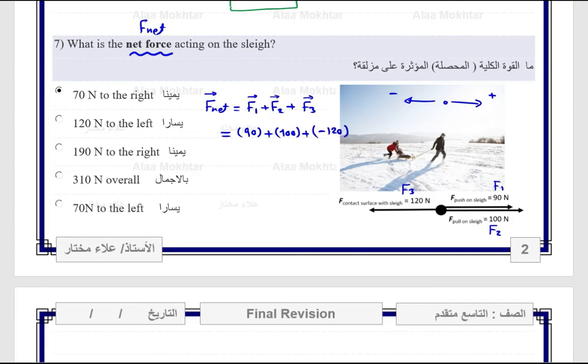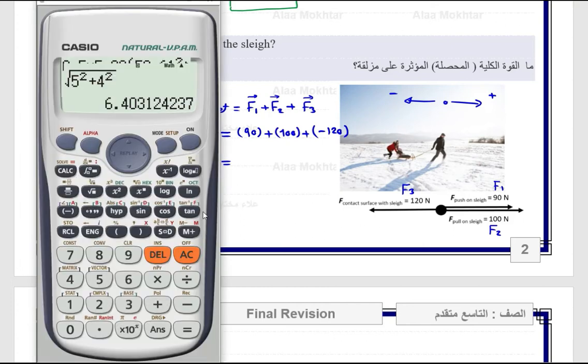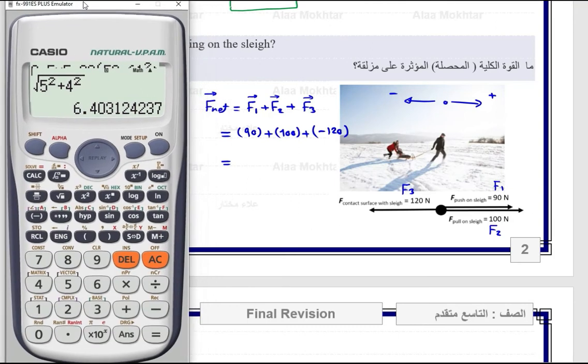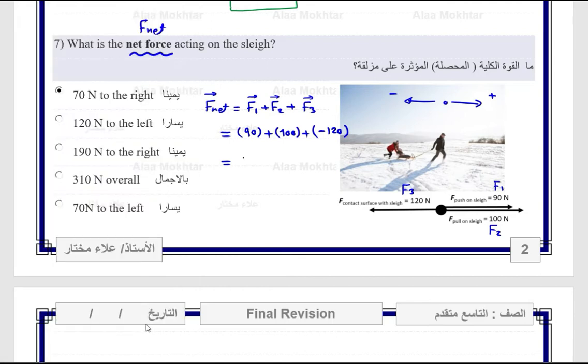Why negative? Because it's to the left. Left side is negative sign. You can use your calculator or use your mind. 90 plus 100 minus 120, the answer will be positive 70.